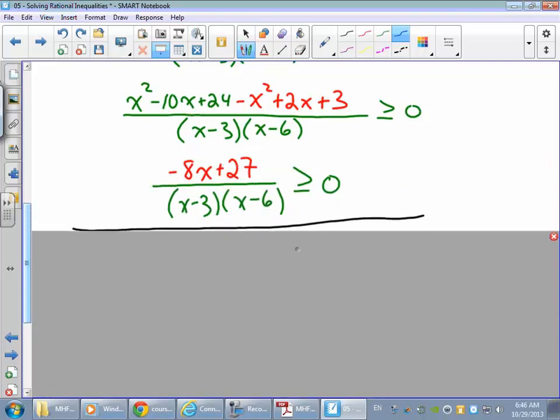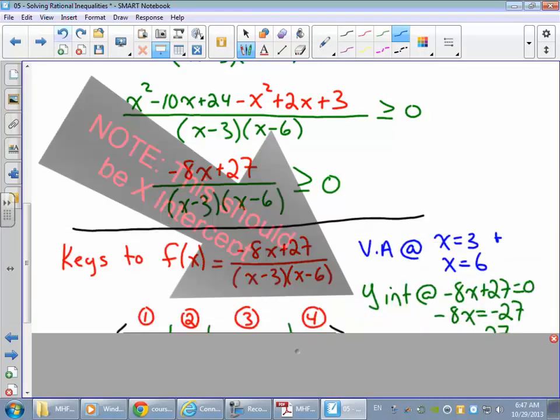Simplify just a little bit now. x squared minus x squared is 0x squared. Negative 10x plus 2x is negative 8x, sorry. 24 plus 3 is 27.